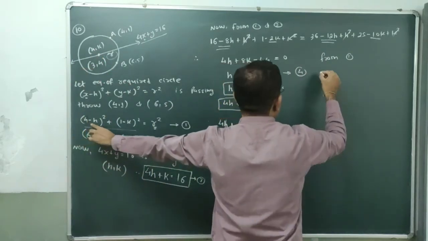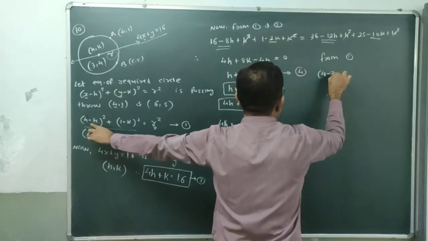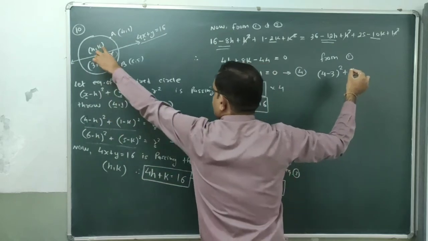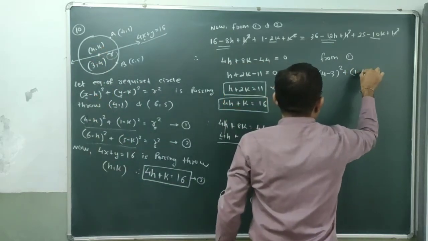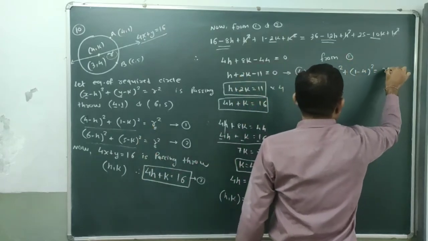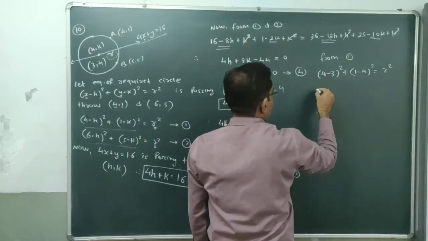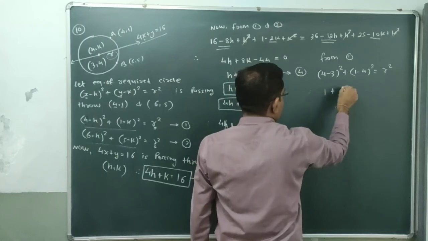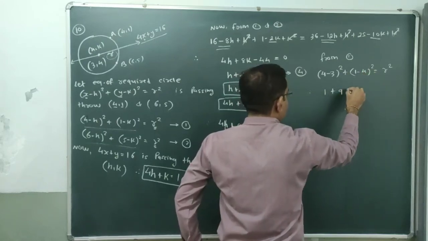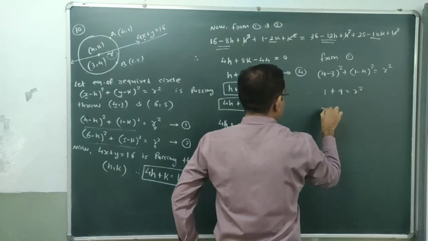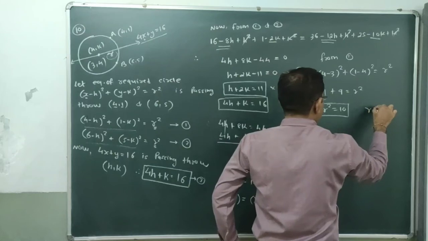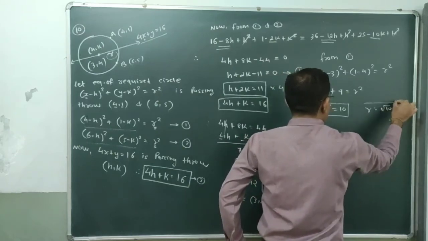So (4 minus 3) whole square plus (1 minus k), k is 4, so (1 minus 4) whole square equal to r square that we have to find. So 4 minus 3 is 1, 1 square is 1, plus 1 minus 4 is minus 3, square 9, equal to r square. So r square equal to 10, or we can write r equal to square root of 10.